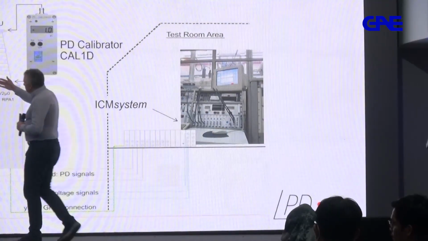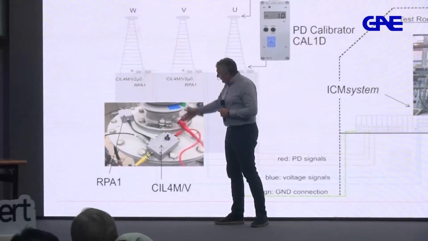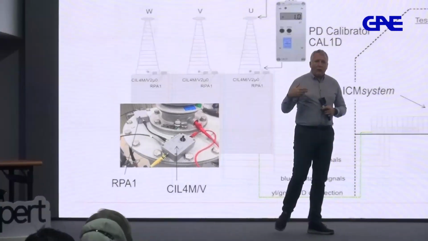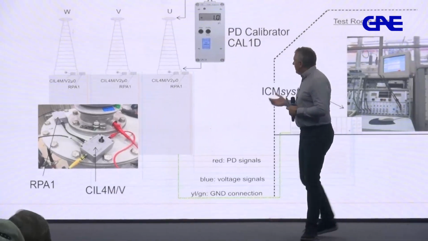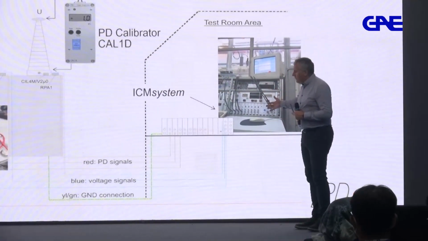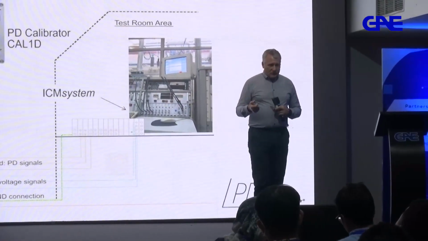So these bushings will have such a capacitive coupler, and with the help of a quadrupole, this capacitive coupler will offer to a system like this ICM system the information about what's happening with partial discharge.